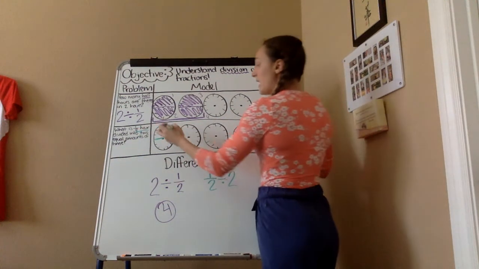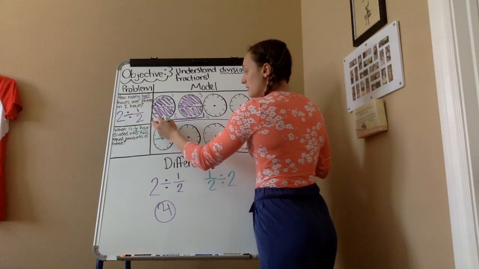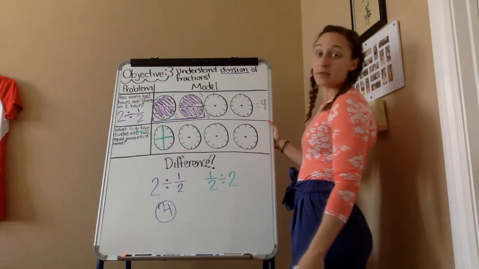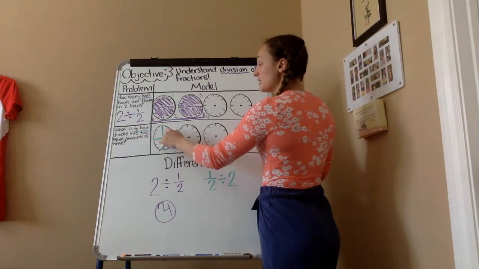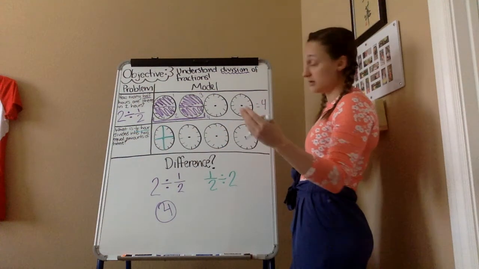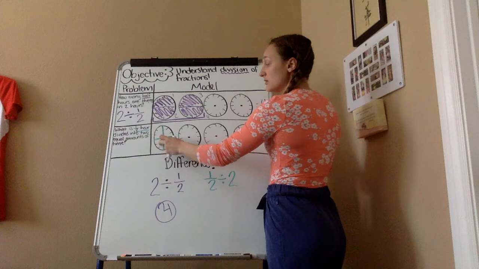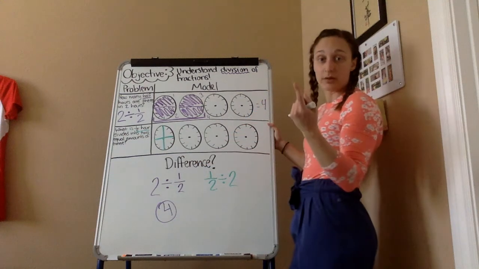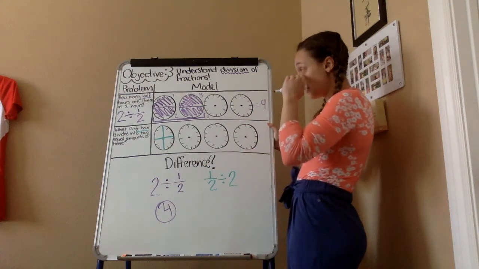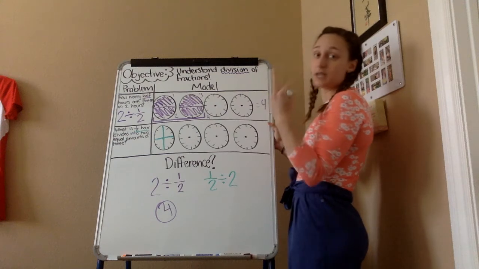Okay, so if I have half an hour and I divide it into 2 parts, it's going to look something like this. I now split my clock, okay, into fourths. Okay, so what is half an hour divided into 2 equal amounts of time?